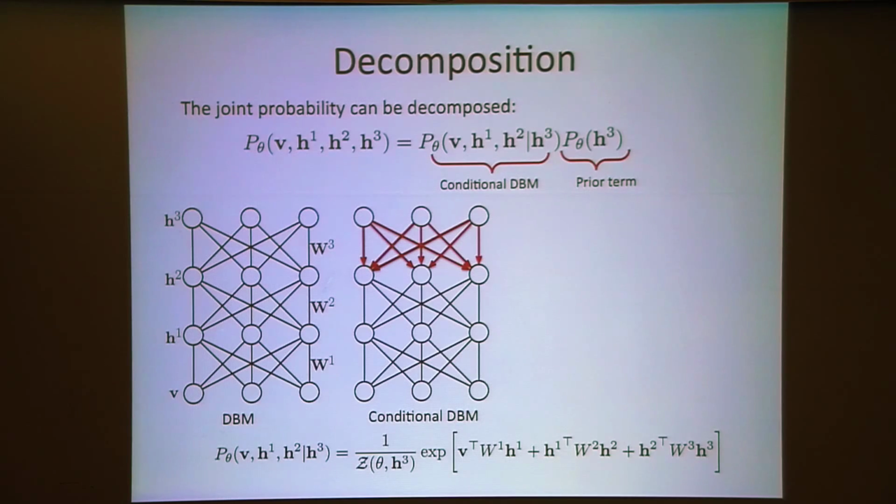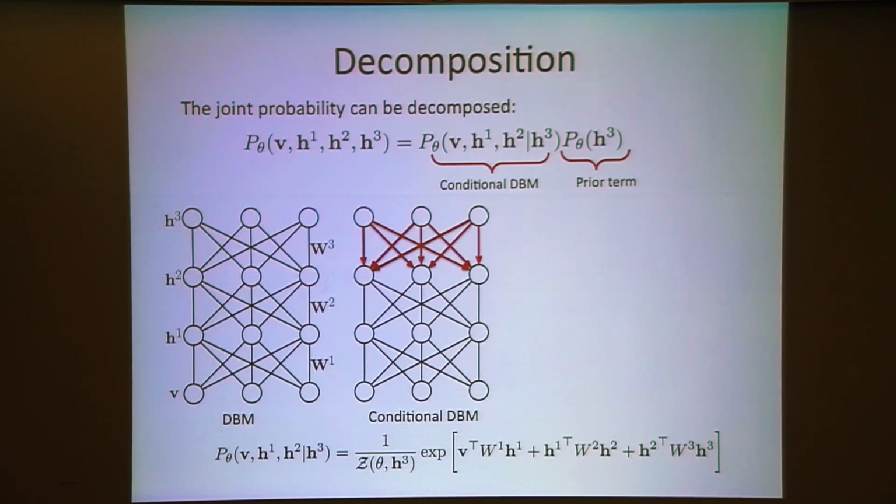And you can really view the conditional deep Boltzmann machine in this way, where we're conditioning on the states of these random variables. Notice that the normalizing constant, or the partition function, will depend on the states of these random variables. Okay, so this is unlike a deep belief network.